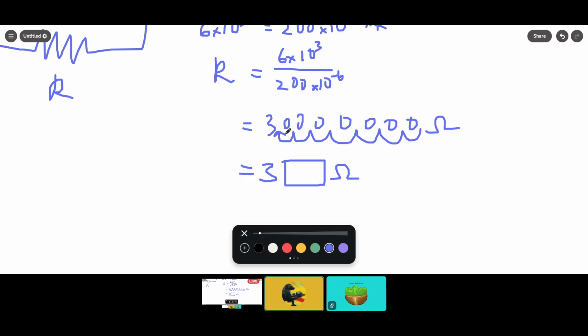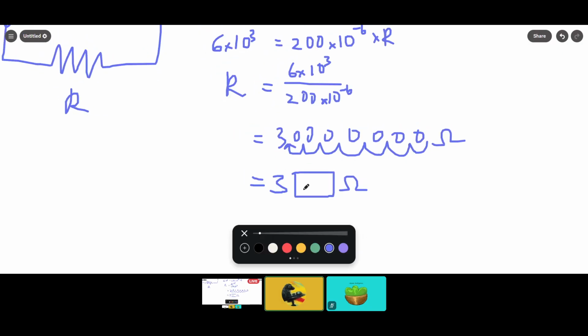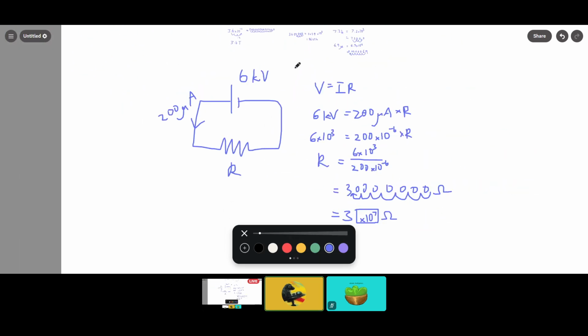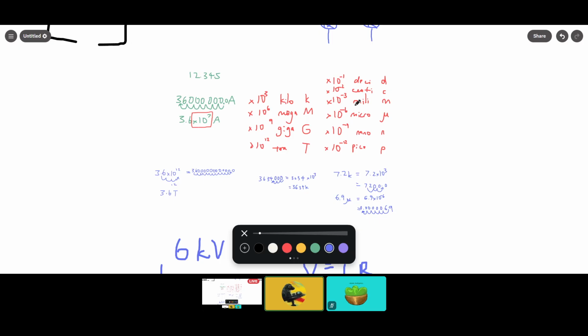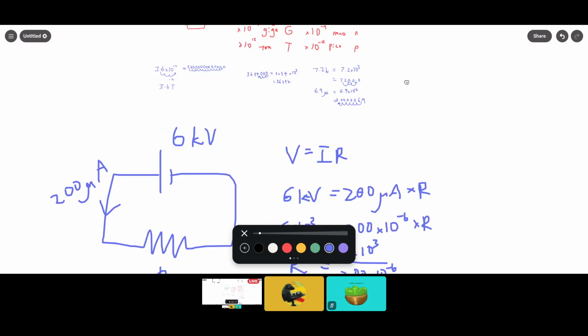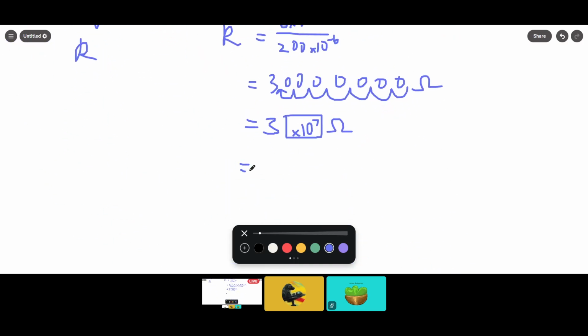If you correctly said that it cannot be put in a prefix because there is no prefix for times 10 to the power of 7, as you can see there's only times 10 to the power of 6, then you get a gold star. It can only be written as 30 mega ohms, because for times 10 to the power of 7 there's no prefix, so you just go for the next best thing, which is mega. So okay, that's this.